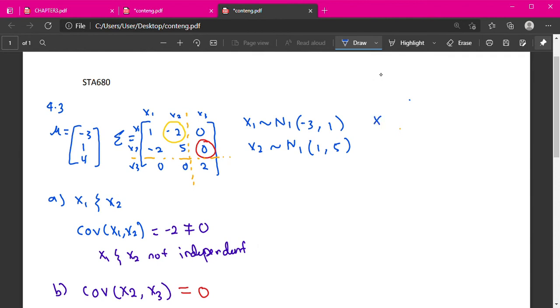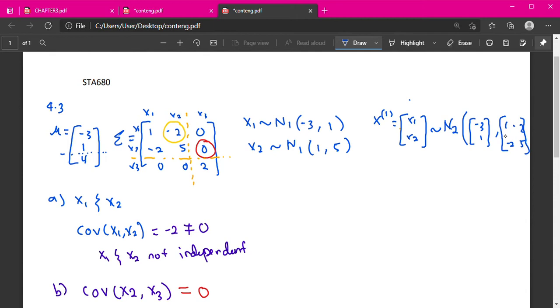The first group, which is X1, X2, is also normal, because it comes from a normal with p, or the number of variables. The mean we can also partition, X1 and X2, so the mean is -3, 1, and the variance covariance matrix is this part, because it is X1 and X2. It is 1, -2, -2 and 5.